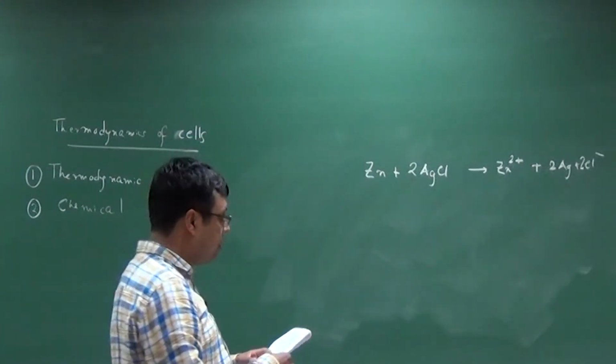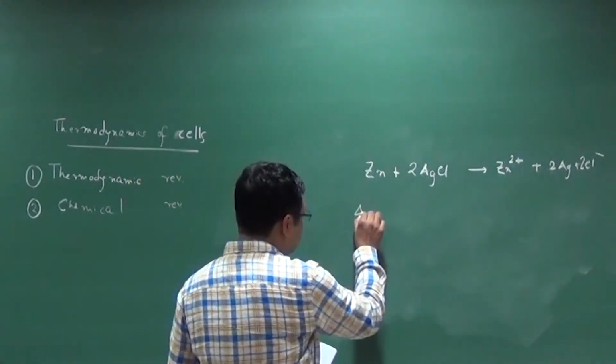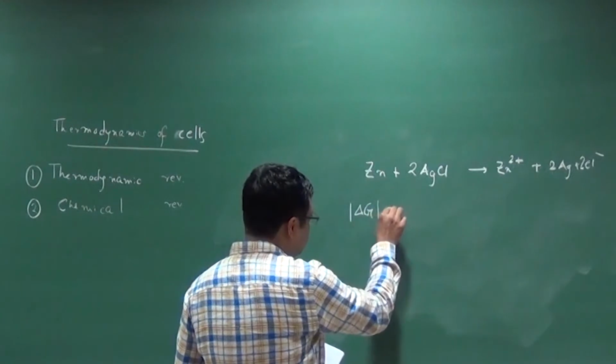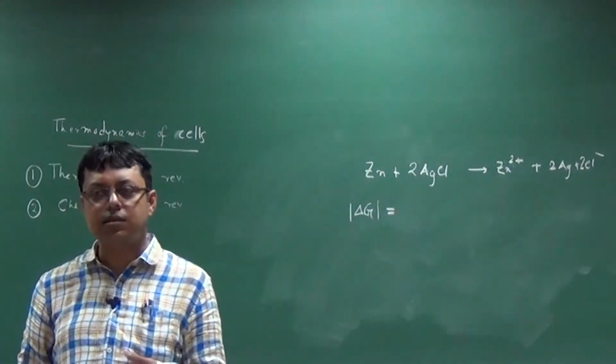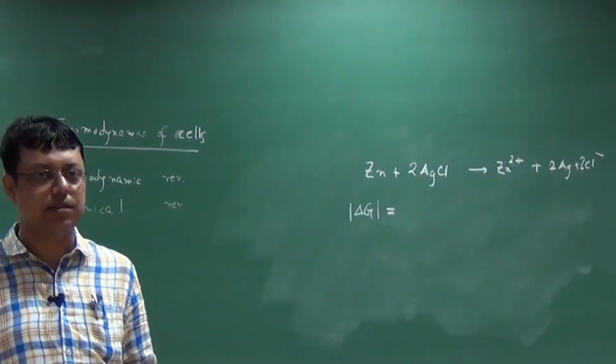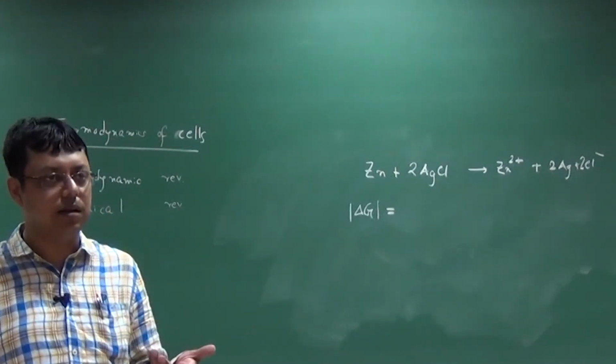Now how do we calculate the free energy change, or the magnitude of the free energy change? Think about it. This is a non-PV energy, as I said. Here it is an electrical energy.